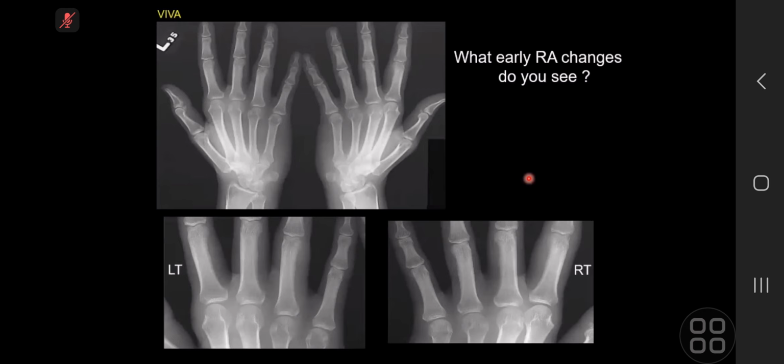The distribution is rather symmetrical, affecting both hands. I can see some periarticular erosions in the second and third metacarpophalangeal joints. There is loss of joint space predominantly in the proximal interphalangeal joints bilaterally with a symmetrical distribution. And there's also ulnar deviation of the right hand.